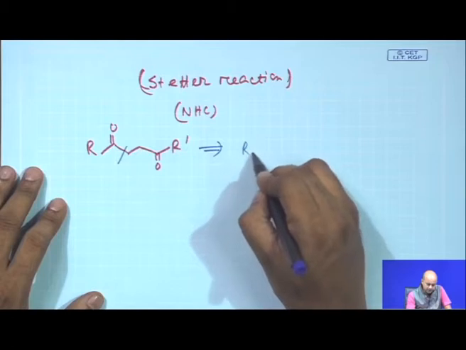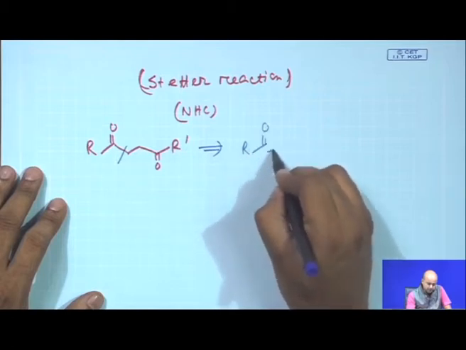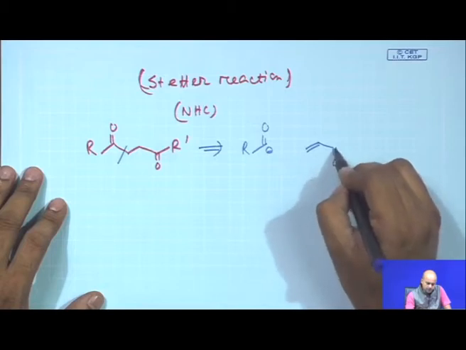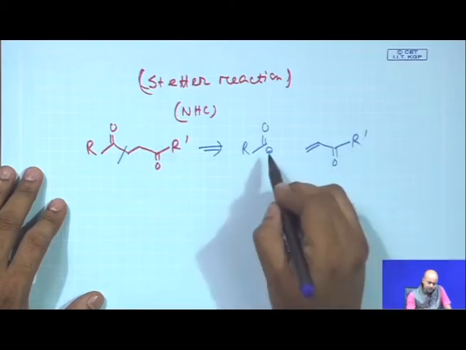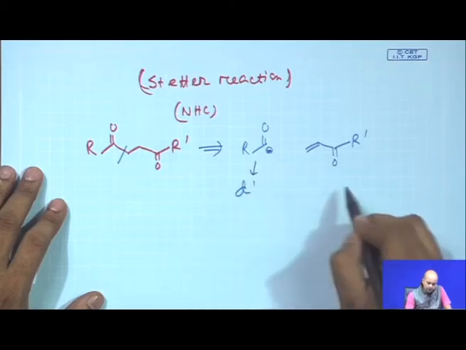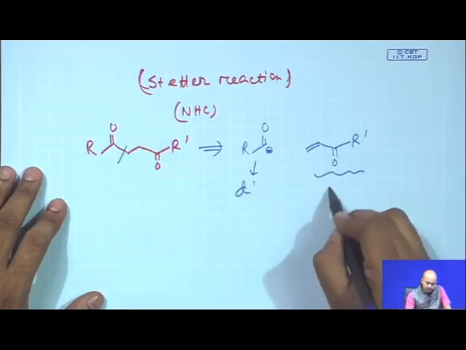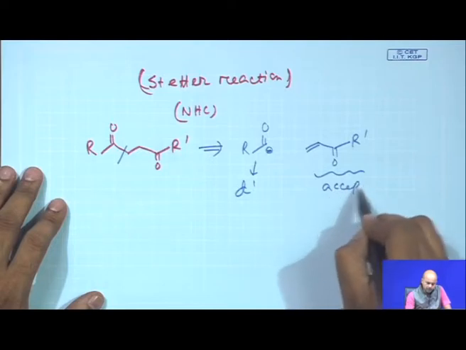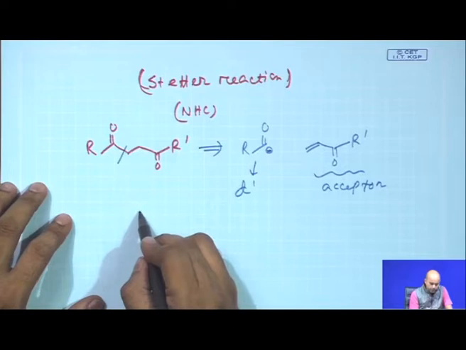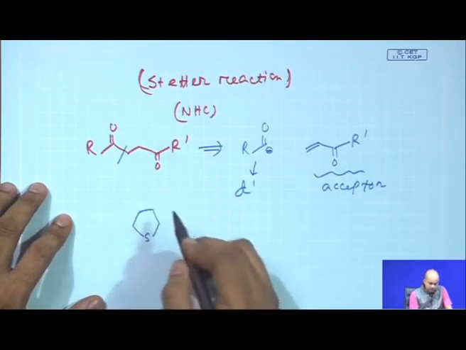You can say that this is your donor, this is your acceptor. So, basically a Michael version of reaction, but where you use an umpolung nucleophile through a donor species, and this is your acceptor synthon. This is in principle named the Stetter reaction, where you use an N-heterocyclic carbene, a standard N-heterocyclic carbene structure.